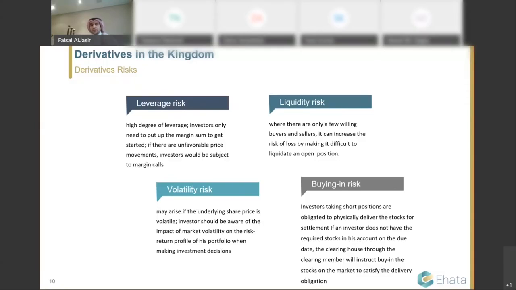So liquidity risk is one component. Buying end risk is basically when somebody accepts deliveries, and having to do that is also a risk, unless somebody does need to have that delivery.